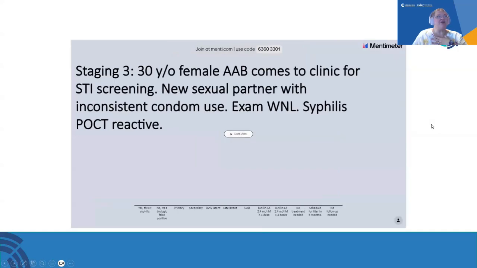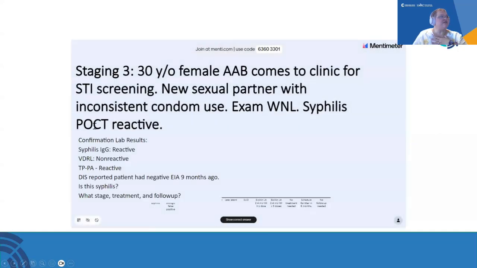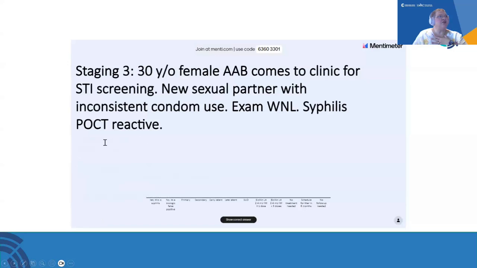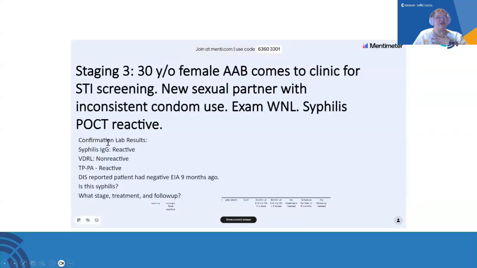All right, I'm going to ask y'all to do this one. A 30-year-old comes into the clinic for STI screening. New sexual partner with inconsistent condom use, and her syphilis point of care test is reactive. We find out from the DIS report that the patient had a negative treponemal screen 9 months ago.